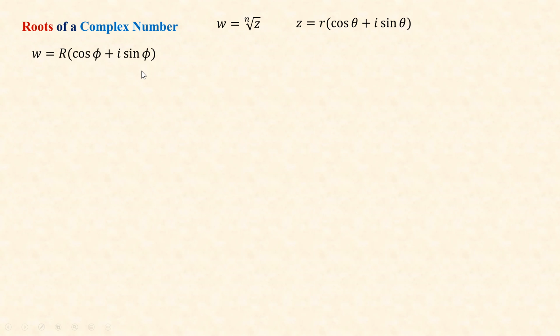So we want to find r and phi. Then if we raise this to the nth power, z will be w to the nth power, and w to the nth power is r to the n, cosine n phi plus i sine n phi. So these two should be the same, and therefore r is the nth root of r.